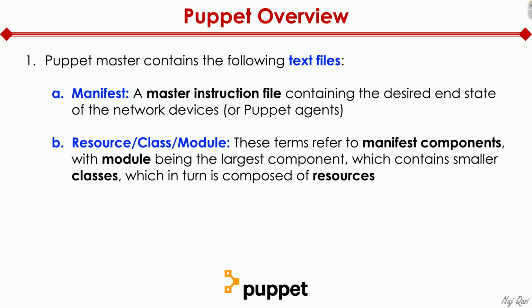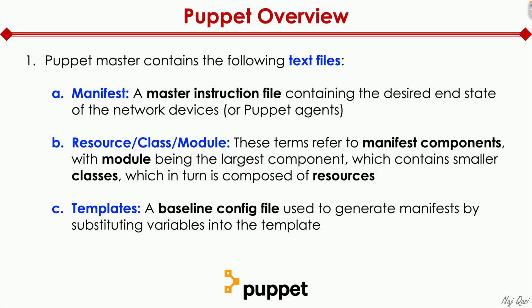Typically, these terms refer to manifest components, with module being the largest component. And then within module, we have different classes. And then within classes, we have resources. And finally, we have templates. It's a baseline config used to generate manifests by substituting variables into the template.